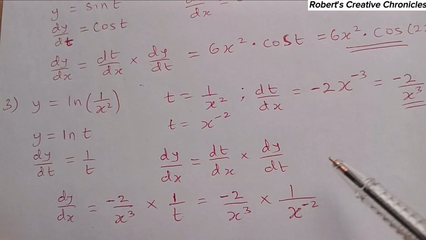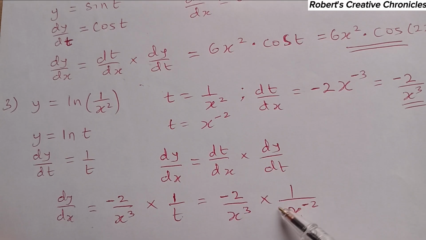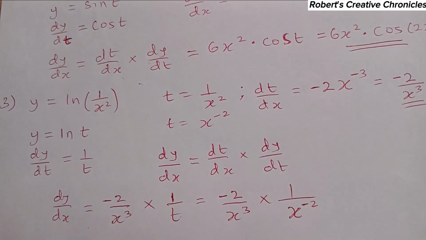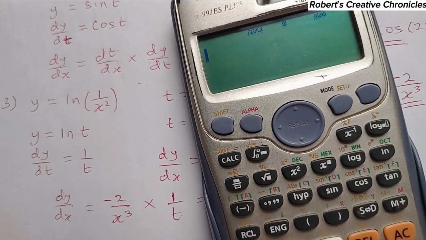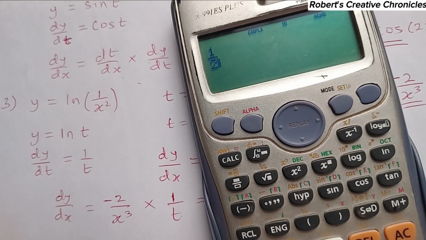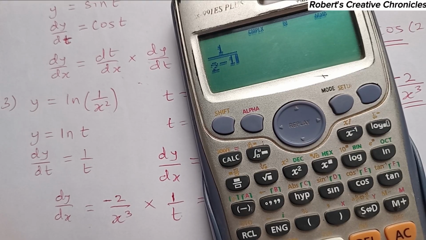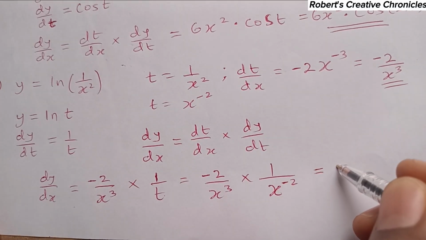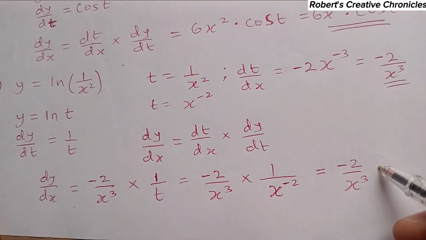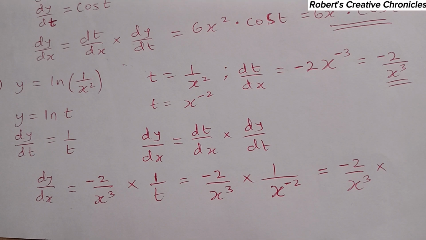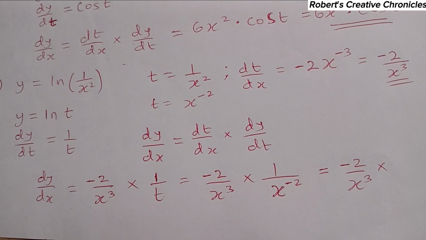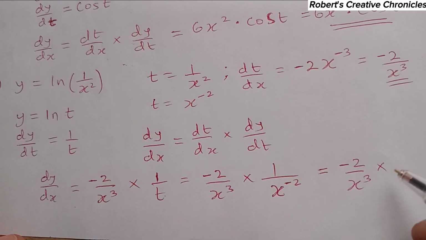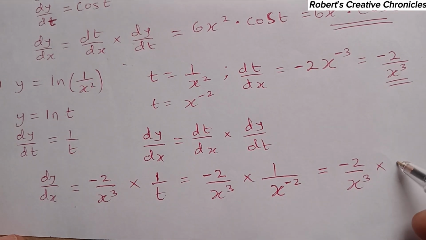So you know that this 1 over x to the power of minus 2 will become x squared. Because even if you use your calculator and see, 1 over 2 raised to the power of, let me use minus 1, this should give us 2. You see 2. So in the same way, this will be minus 2 over x cubed times x squared.